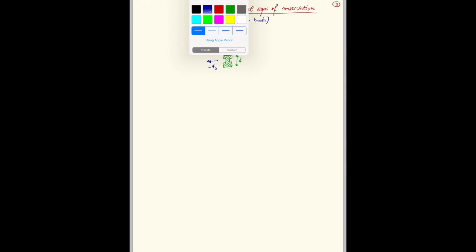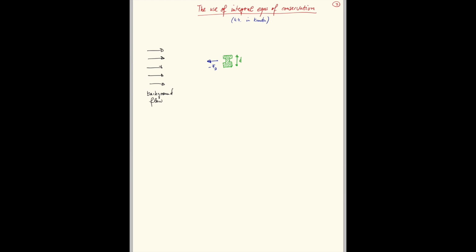So at a far distance upstream of the flow, we have a uniform flow coming in. This is the background flow, U infinity, at pressure P infinity. And then downstream, the flow field will have changed.